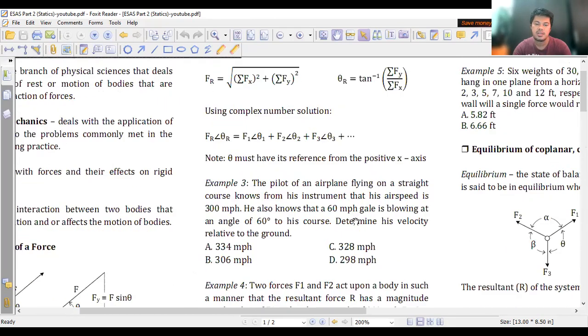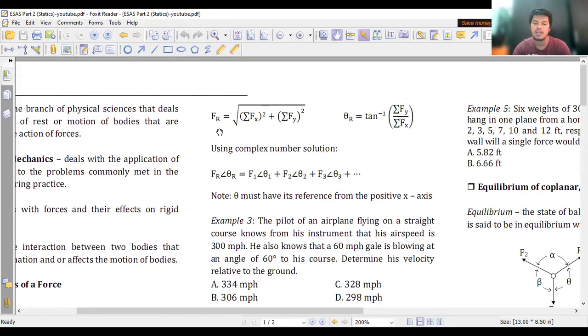Mathematically, it can be calculated by first summing up all the x components of the forces, and then taking the x component sum raised to the second power.